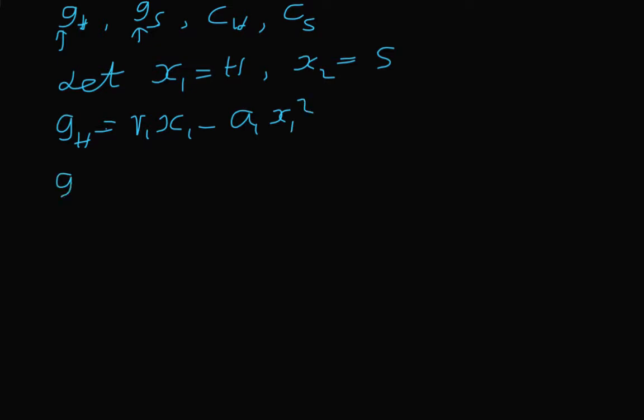So GS is r2 x2 minus a2 x2 to the power 2.